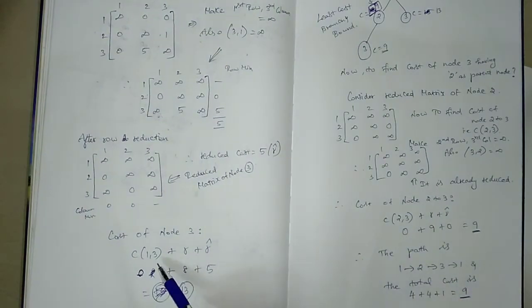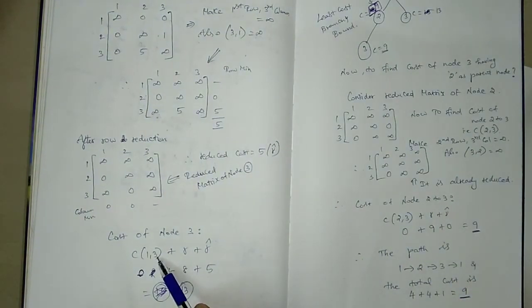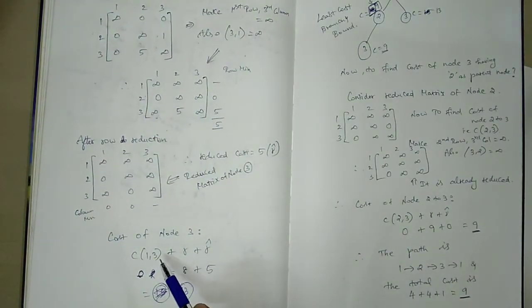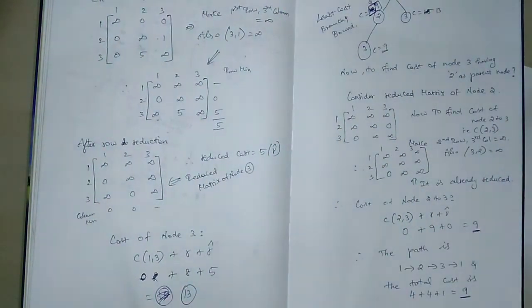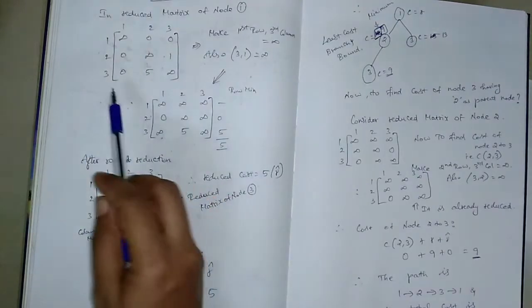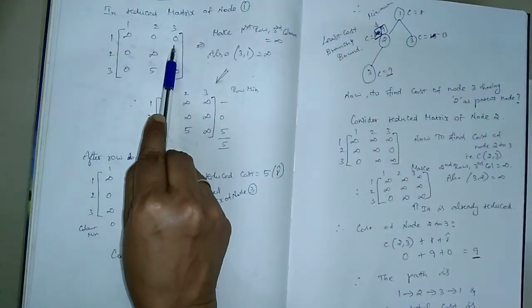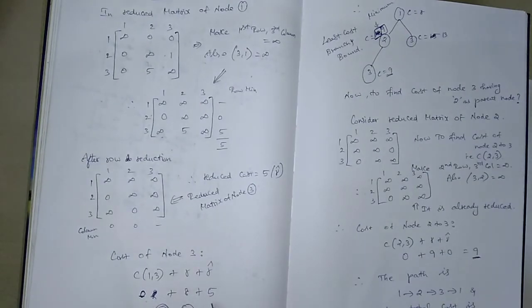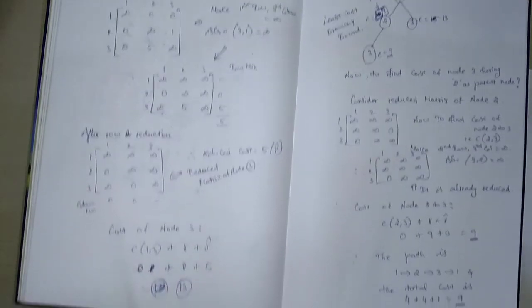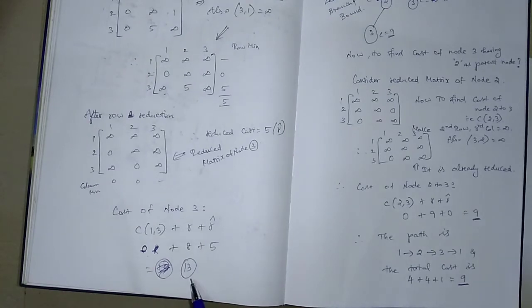The cost C of 1 comma 3 has to be referred from the reduced matrix of the parent node. In the reduced matrix of node 1, C of 1 comma 3 is 0. So 0 plus 8 plus 5 gives 13. So 13 is the cost of node 3.